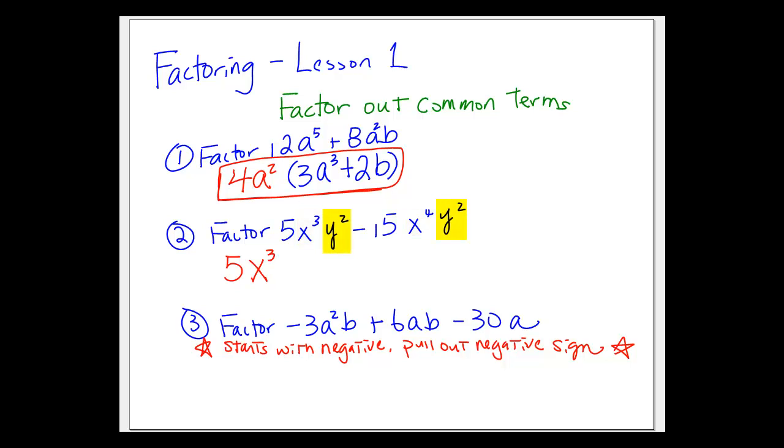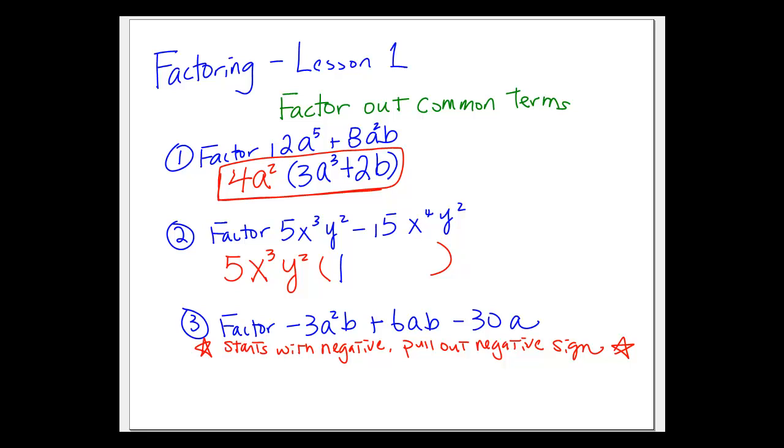And both of them have y, and the highest they have in common is y squared, so we can pull out y squared. And after we pull that out, we can see that we actually pulled out the first term. A lot of times students forget and just leave that blank, and it would be incorrect because we need to put a placeholder, a 1 here.